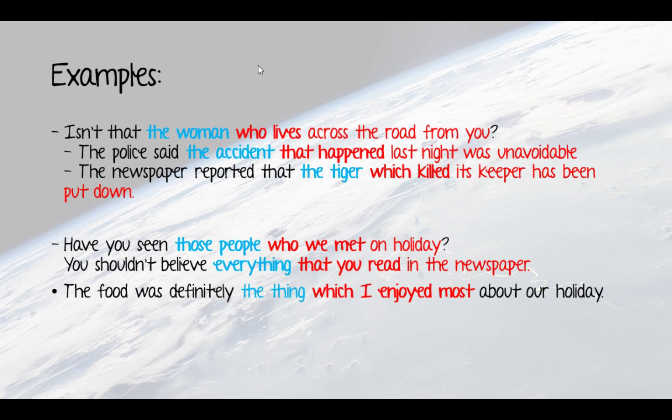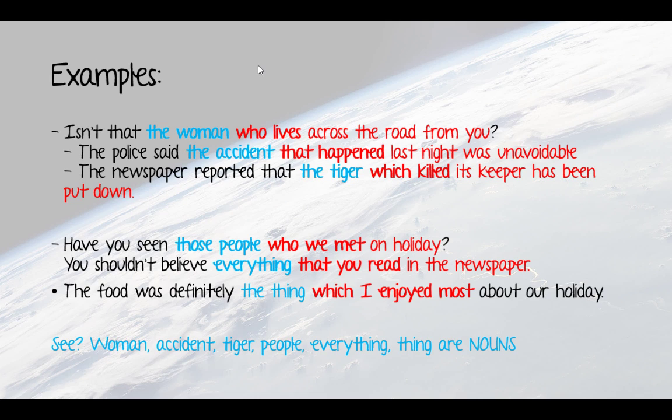Si es una persona o más personas, vamos a usar who. Siempre va a ser who o that, ¿ya? Who o that son los que se pueden usar con personas. Which y that, otra vez that, ¿sí? Son para cosas, no para personas, ¿ya?